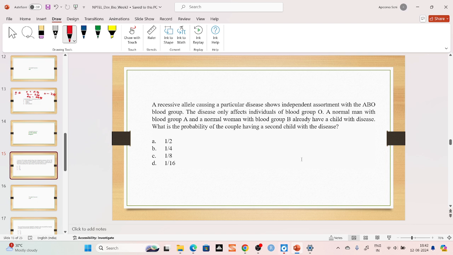So now you see the question. A recessive allele causing a particular disease shows independent assortment with ABO blood group. The disease only affects individuals of blood group O. Now this is important.